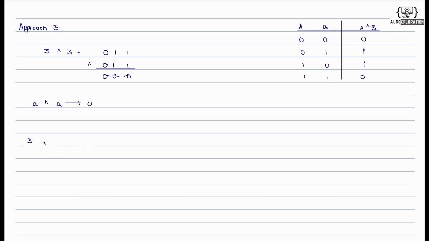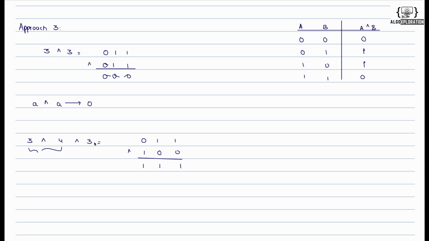Let's take one more example: 3 XOR 4 XOR 3. Now I have to do XOR of every element. If I do XOR of 3 and 4, the binary representation of 3 is 0 1 1 and of 4 is 1 0 0. If I do XOR of these, it will be 1 1 1.